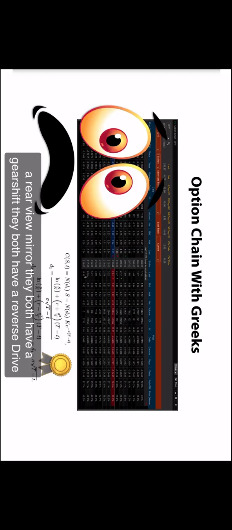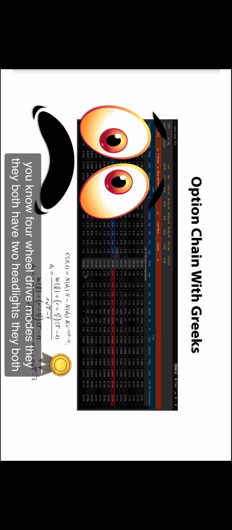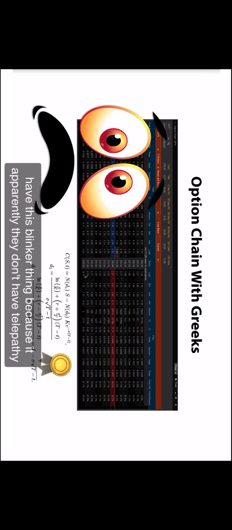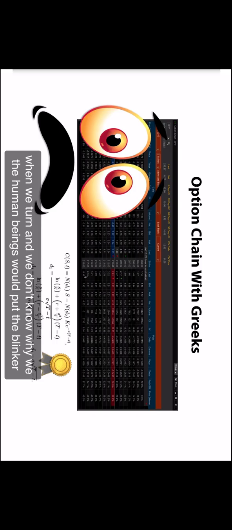They're going to see a Ford and a Chevy and say, look, it's okay, they both have four wheels, a windshield, a rear view mirror, a gear shift, reverse, four-wheel drive modes, two headlights, and this blinker thing because apparently they don't have telepathy when we turn. We don't know why humans put the blinker on there because they don't use them all the time.